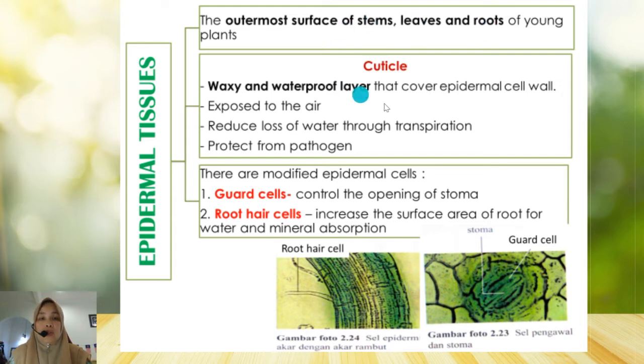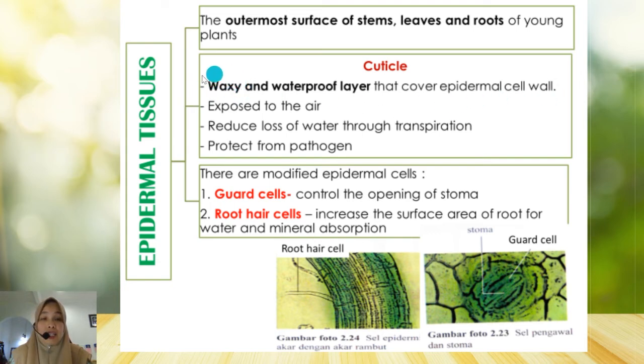On top of the epidermal tissue, there is a cuticle. So what is a cuticle? It is a waxy and waterproof layer that covers the epidermal cell wall.